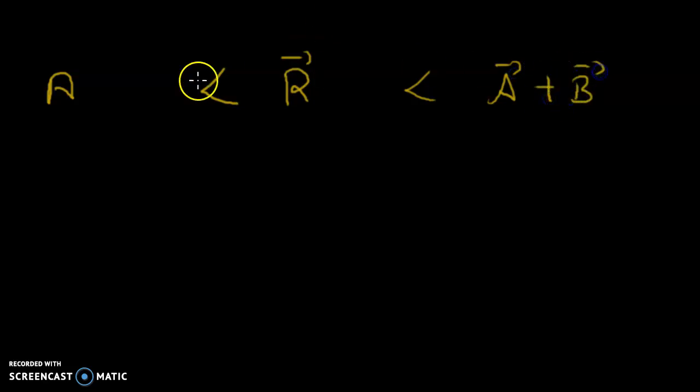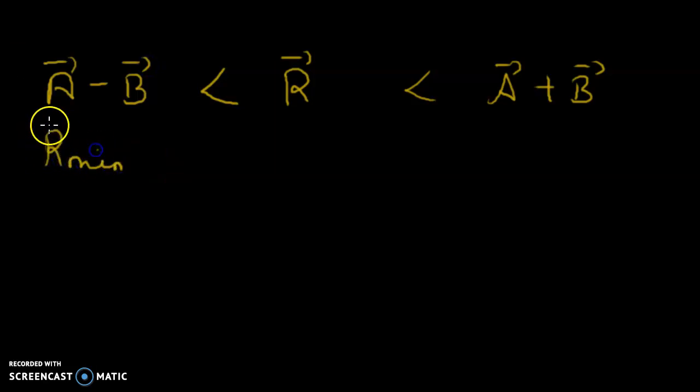So basically, the resultant of two vectors, the maximum value would be the direct sum of the two vectors, and the minimum value is the difference of the two vectors. So it can range from r minimum to r max, from their difference to their sum.